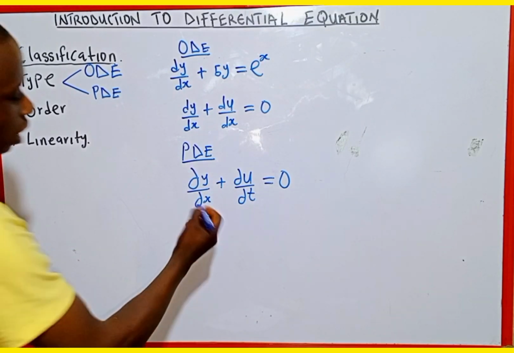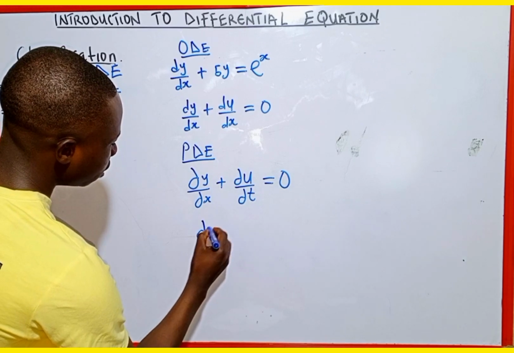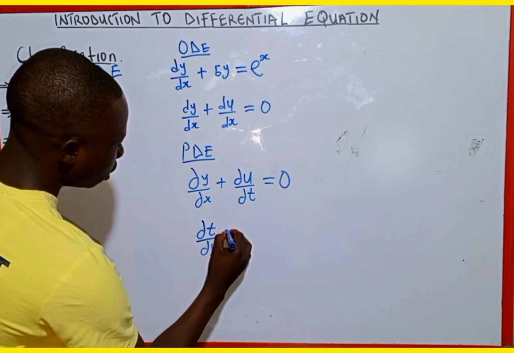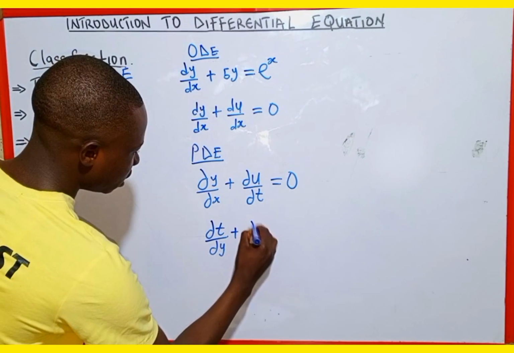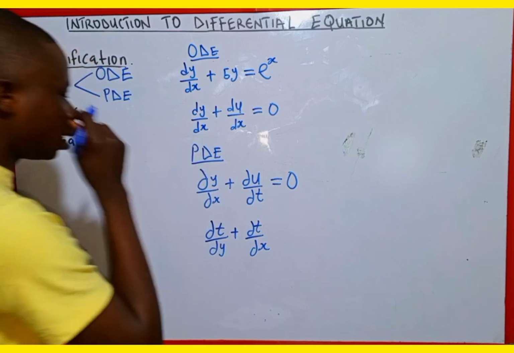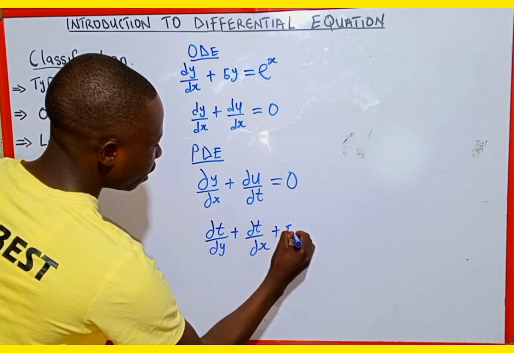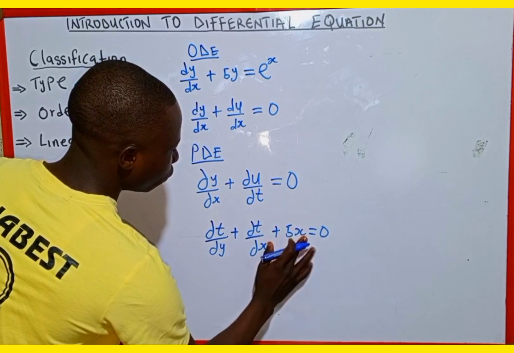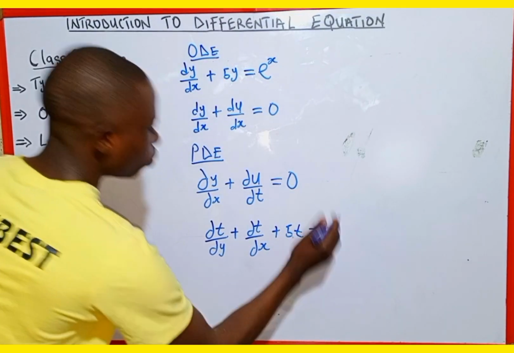Again, we can have another example: partial t with respect to partial y, plus partial t with respect to partial s, plus 5t is equal to 0.